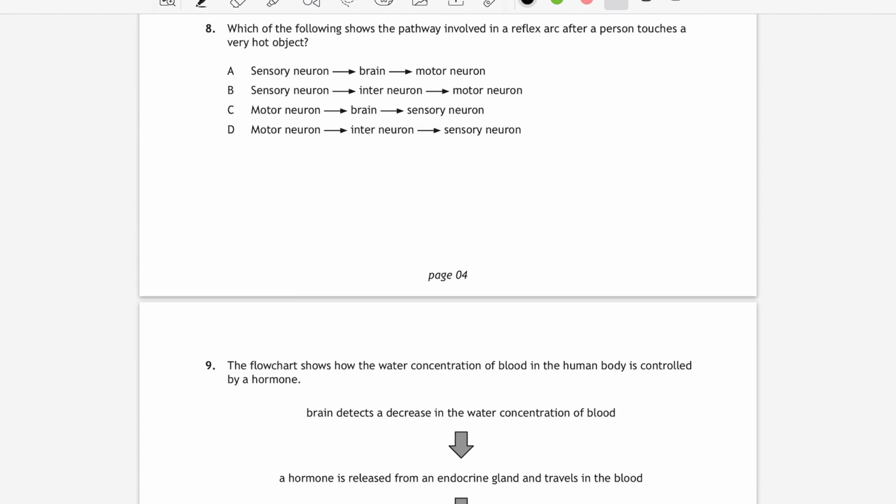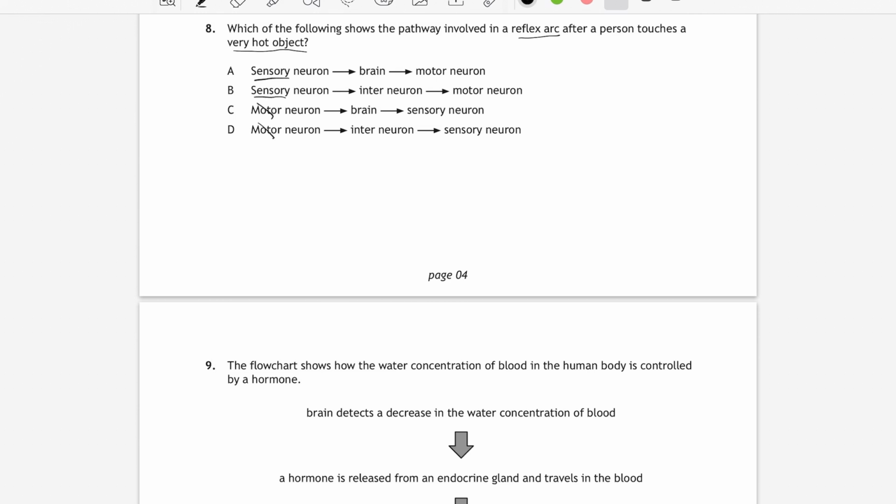Question 8. Which of the following shows the pathway involved in a reflex arc after a person touches a very hot object? Okay, so we've got very hot object and reflex arc. So first off, I need to sense that there's an issue, there's a threat. So that means a sensory neuron is going to be involved first, not a motor neuron.